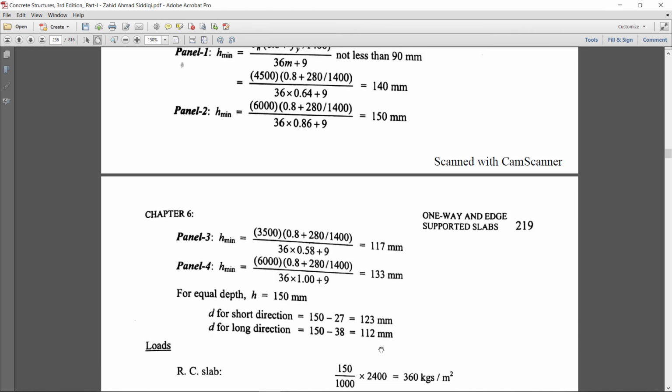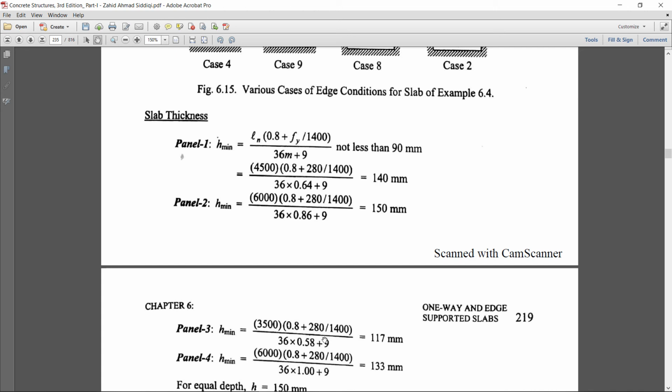Then similarly for slab panel 3, m is 0.58, and for slab panel 4 the value is 1, and you have to put the shorter span length. So for the slab panels we got minimum thicknesses of 140 millimeter, 150, 117 millimeter, and 133 millimeter.